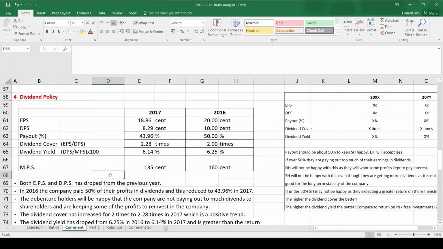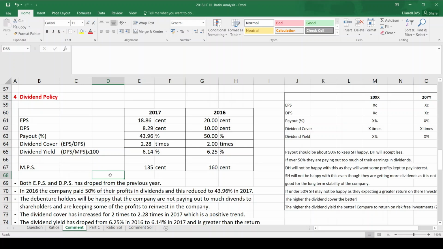They usually say around 50% is good. So you give 50% to the shareholders to keep them happy, and you keep 50% to reinvest in the company. From the point of view of the bank, they definitely don't want it higher than 50%, because then they would feel that the company is paying too much money to their shareholders and they're not planning for the long term, as in paying back the interest and the loans to the debenture holders.